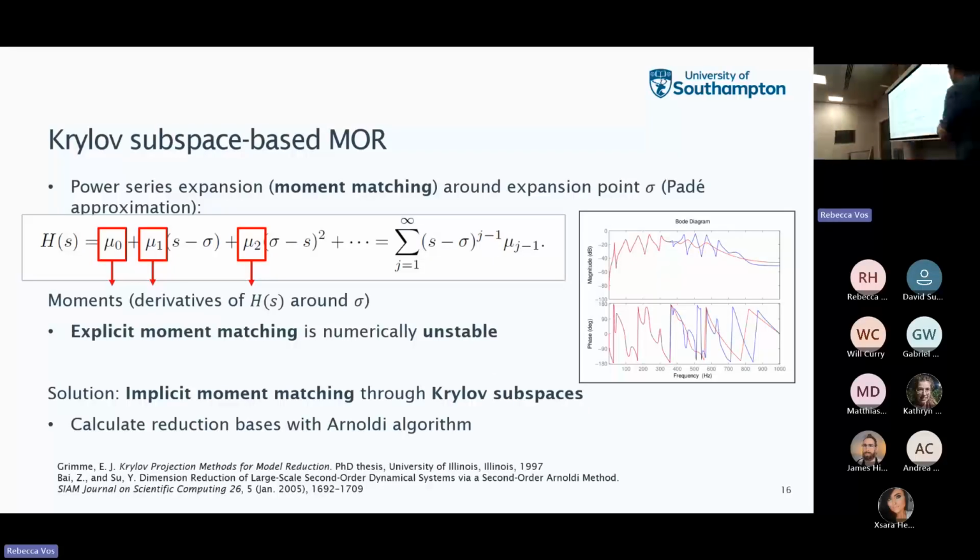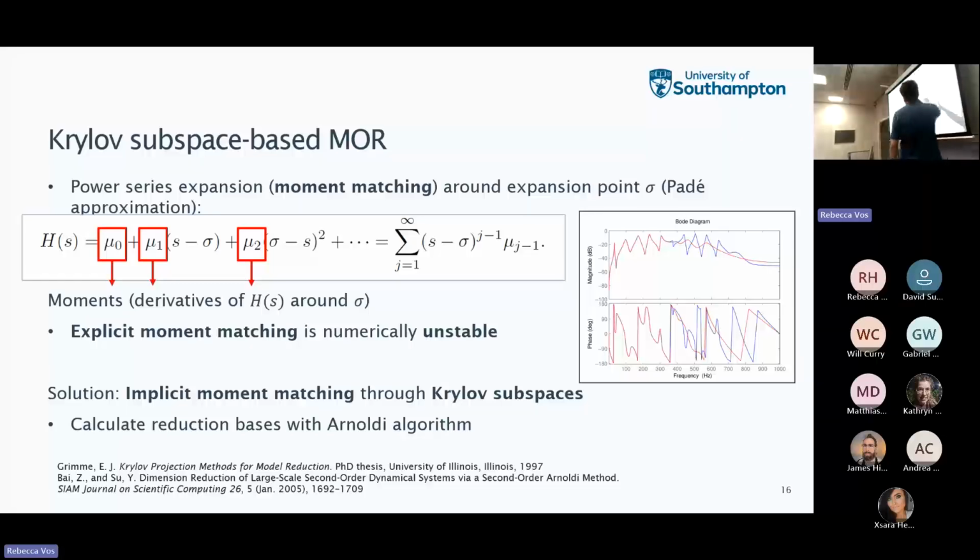Now, what type of method am I using? The one that I'm using is called the Krylov subspace model order reduction. I think a lot of you are probably familiar with modal reduction, where you basically say that the solution of your system is the sum of mode shapes.